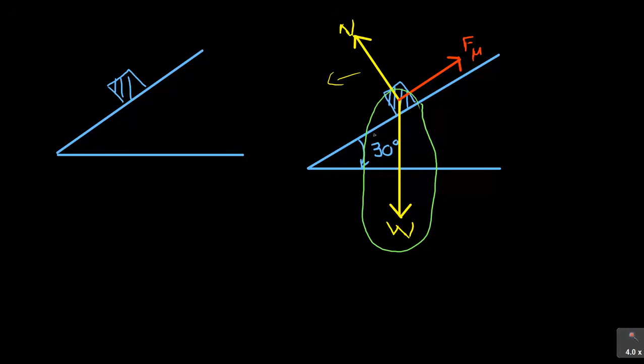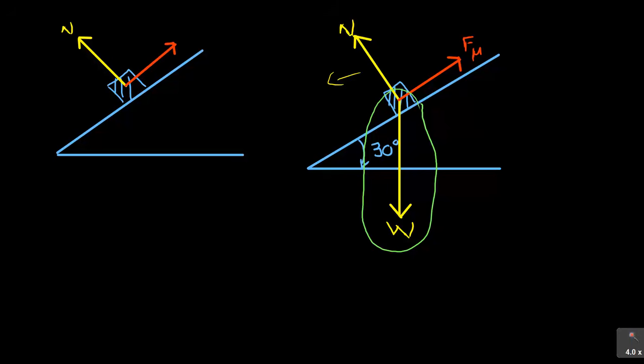Where there was the weight, now you are going to have two forces. Remember, we have the normal, which is acting in this direction, and we have the friction, which is acting upwards.